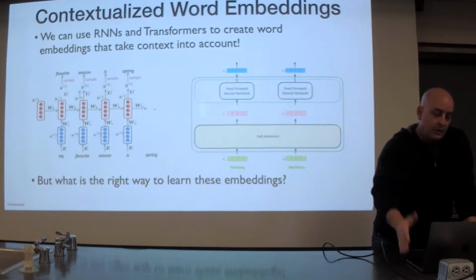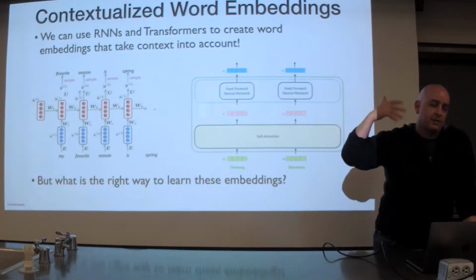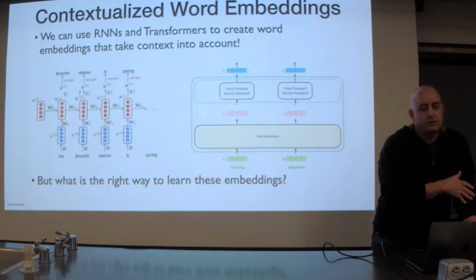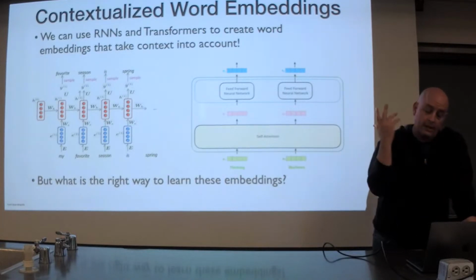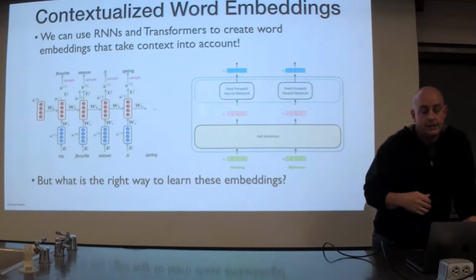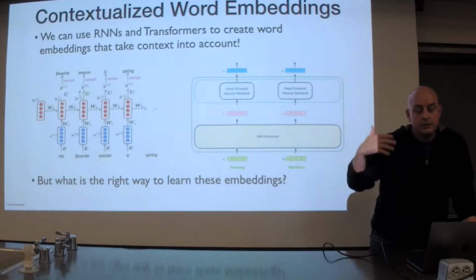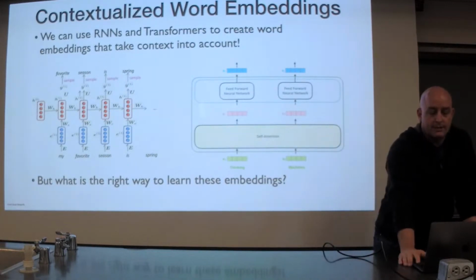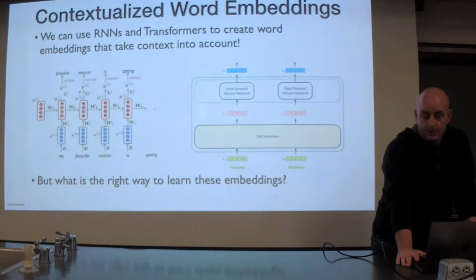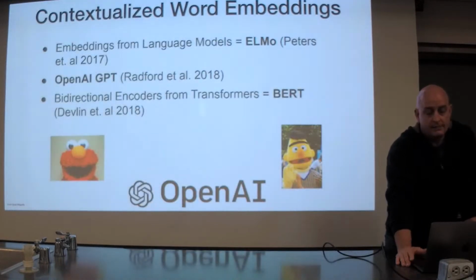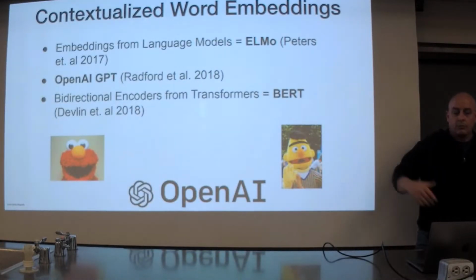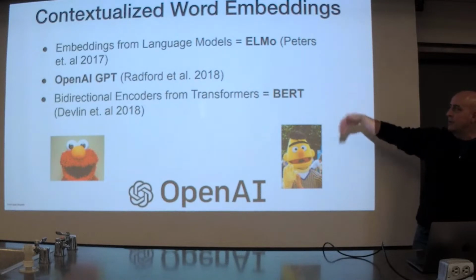But there are very simple statistical language tasks that you use to train a context-free encoder like word2vec or GloVe. How do you do that in general for these contextualized word embeddings? Again, we're basically asking how do we train transformers in general. We're going to be talking about a couple of different examples as we go through here.